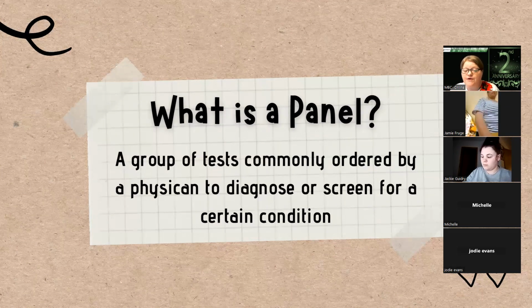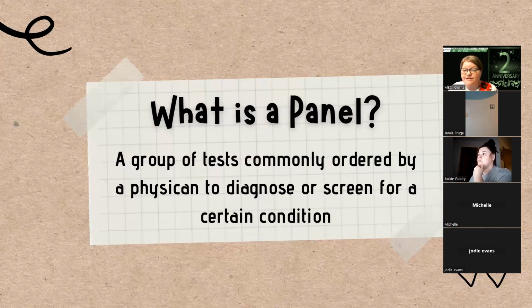Any number of blood tests, urinalysis, hemoglobin, vitamin levels, thyroid, all these different tests can make up a panel. Okay. And like for diabetes, as an example, they are more than likely going to test your thyroid, your iron levels, your vitamin levels. Like every time I go to the doctor, they run the same panel of tests for me. They check my vitamin levels, my thyroid, my iron.